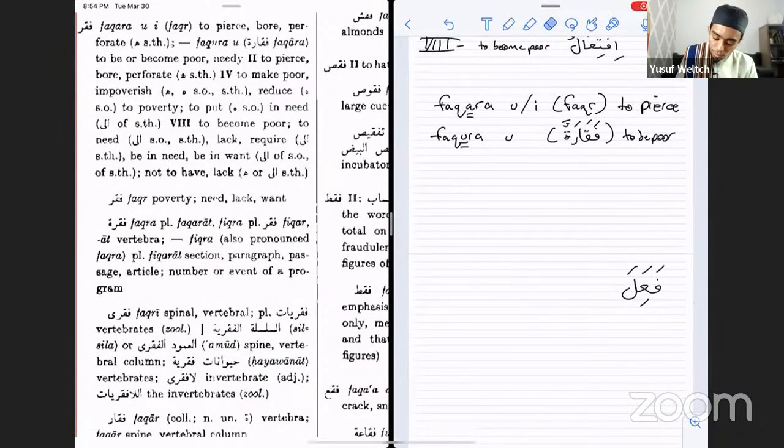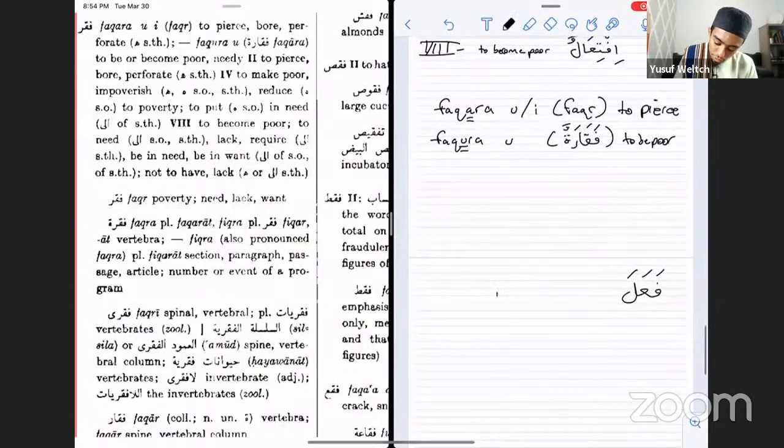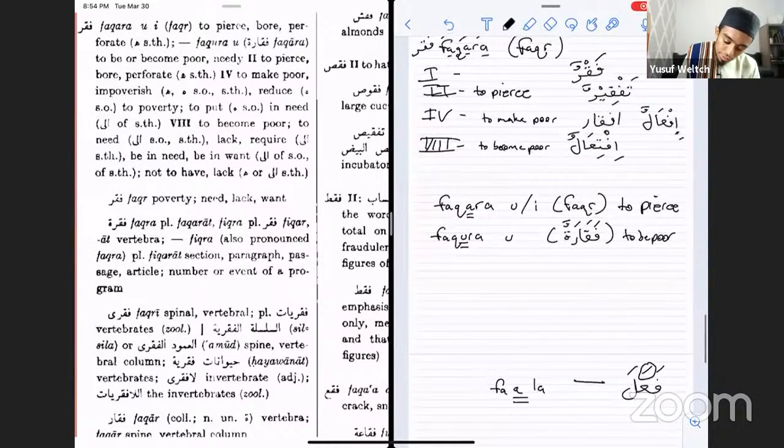If we take that one by one, and this is all really how to use the dictionary. If we're doing fa'ala, the fatha is signified by the A here. That's how it would be written, just like faqara, the A here is signified by there.